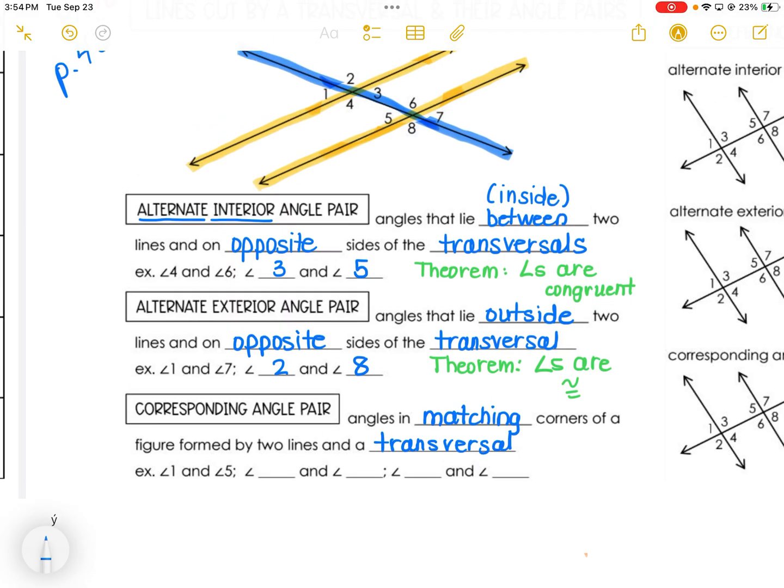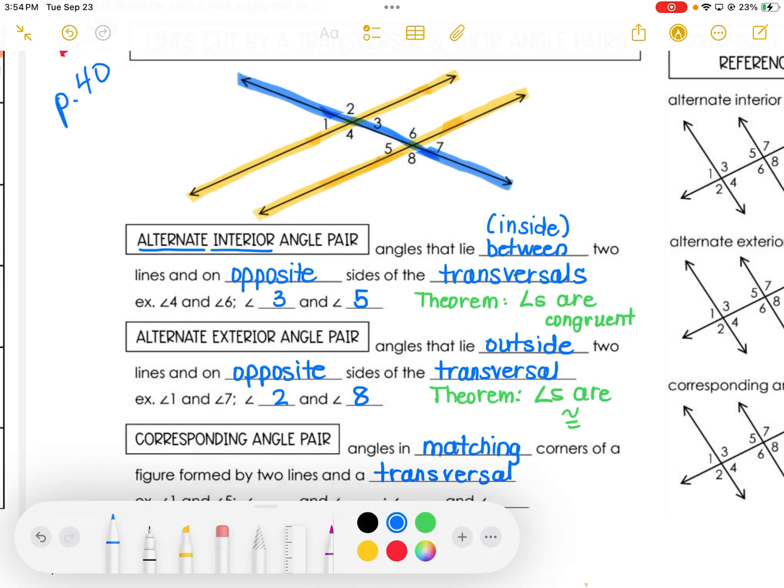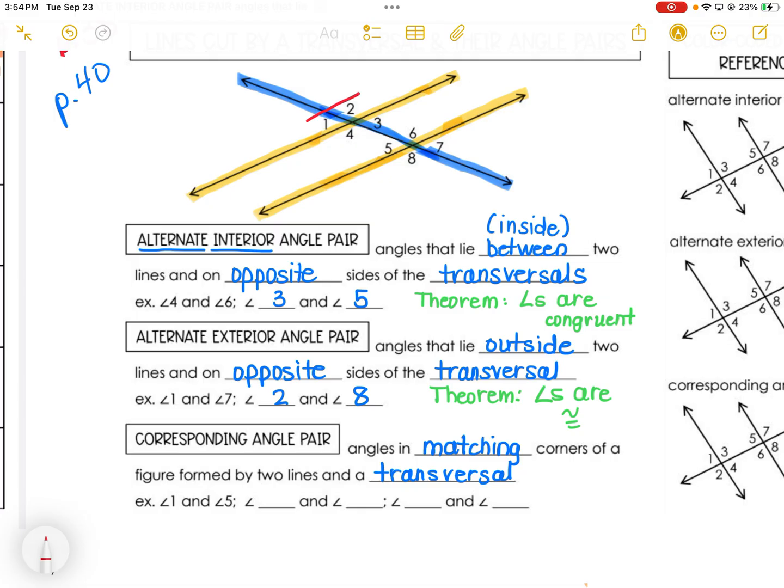Matching corners, what in the world is that talking about? Take a look at the picture and watch what I'm going to do here. Do you see up here where the blue line intersects this top yellow line? You get 4 angles right there. And on the bottom yellow line, the blue line also intersects, and you've got 4 angles there.